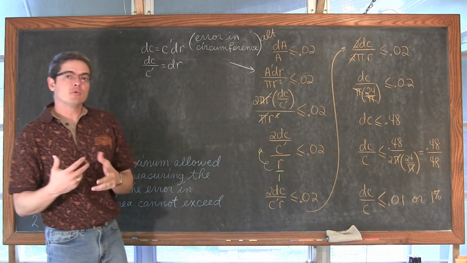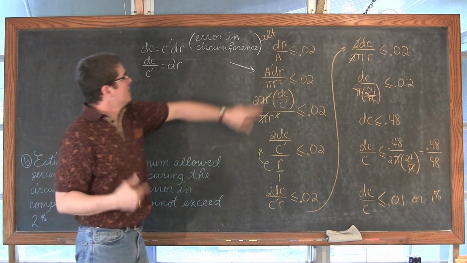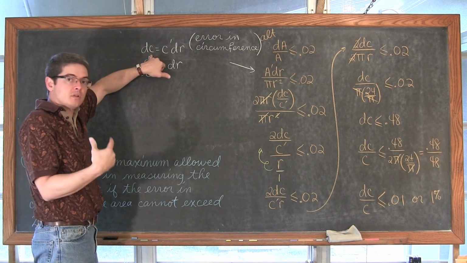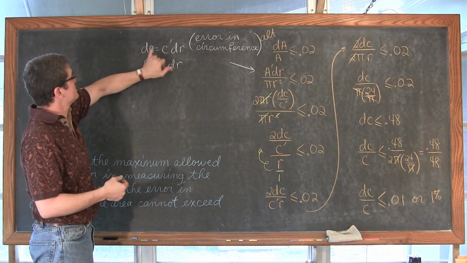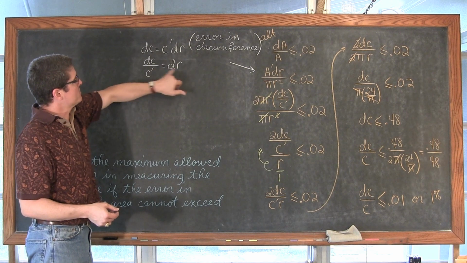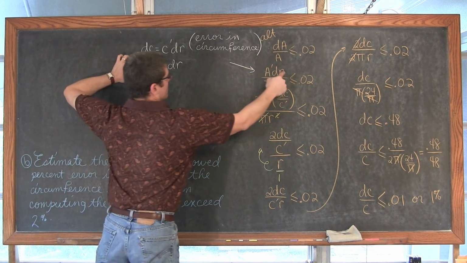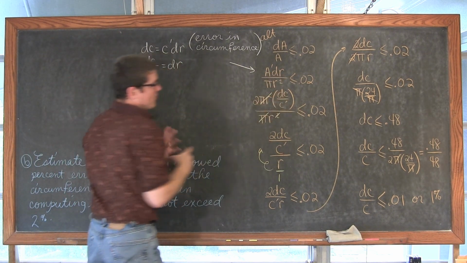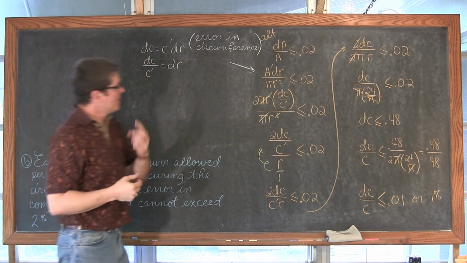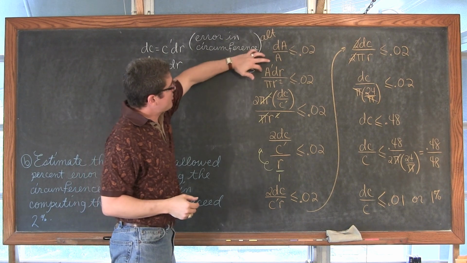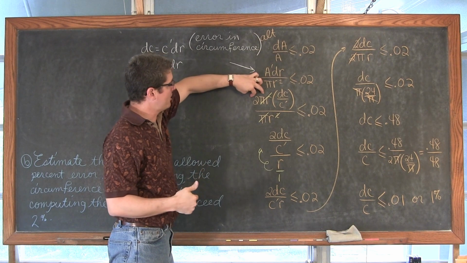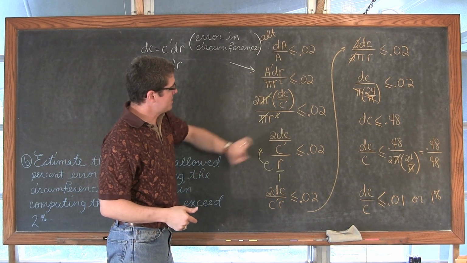Bringing in the idea that you have to bring circumference in as opposed to area, and you have this dr here, well, dc, the differential of the circumference, is equal to c prime dr. And we can solve that for dr, and that allows us to take dr out and replace it with dc over c prime, bringing some circumference measurements in here and getting the area measurements out. Okay, well, a prime, again, area is pi r squared, and the derivative of that is 2 pi r. That's going to allow some cancellation here.